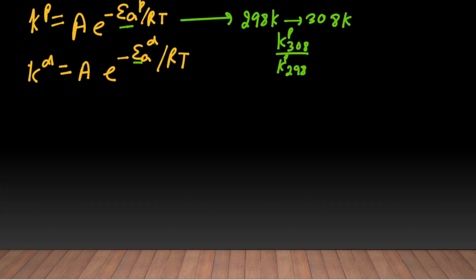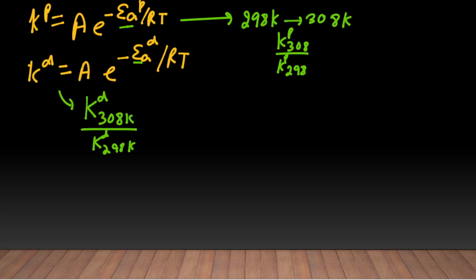And for the other one, that is for the decomposition, you repeat the same process, that is at 308 Kelvin you carry it out, and at 298 Kelvin. You take this ratio, these are the rate constants for the decomposition.